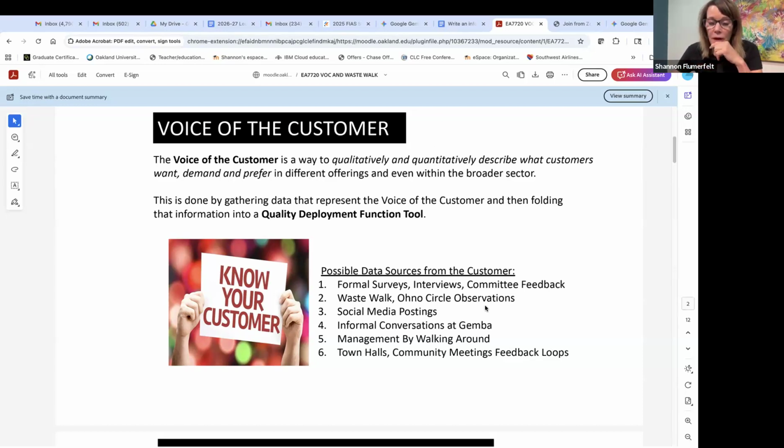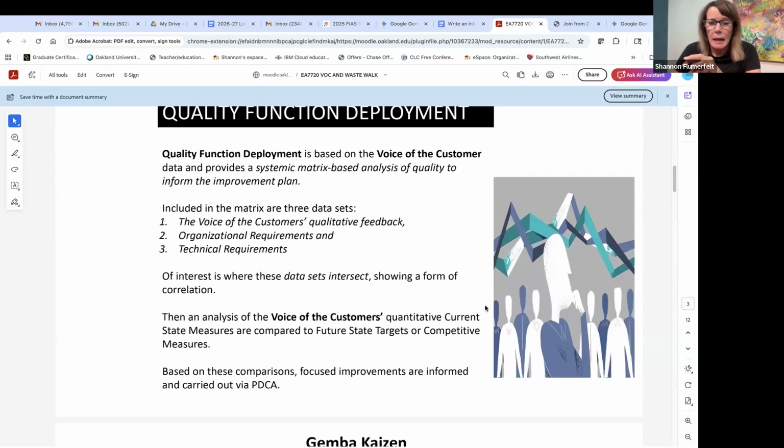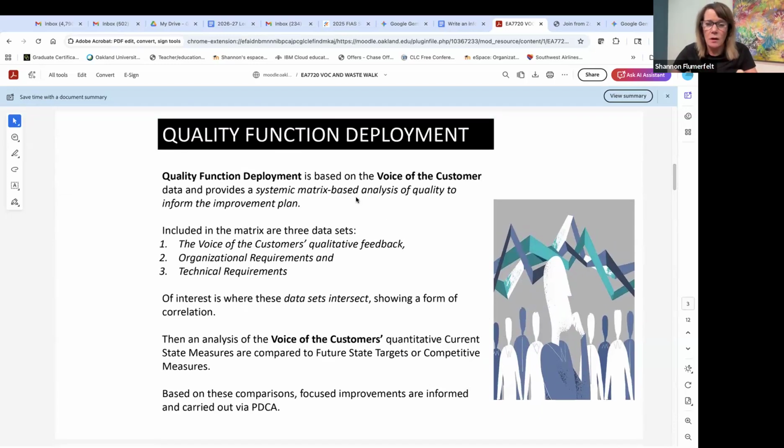And what you can do with that data is you can get a little bit more specific, and you can do something that's called a quality function deployment. So the voice of the customer, just out there as different data sets and so on, that's helpful. It gives you something, but you can actually pull it together and be a lot more precise with it if you take their feedback and then you lay it down against organizational requirements and maybe technical requirements.